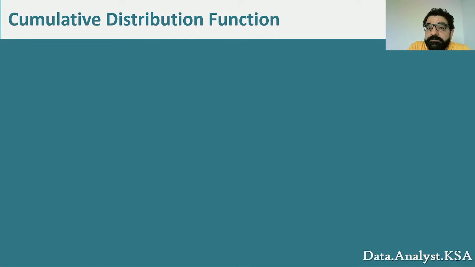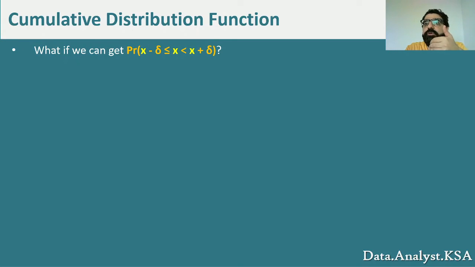So the cumulative distribution function allows us to make some inference about certain values' existence within our population. Let's think about this. If I cannot get the exact number, because I can be talking about 3.645 or 3.643, which is a specific number, what if I take a number a little bit above it and a number a little bit below it and just talk about that specific slice of my distribution and say what is the density represented in that, or what is the probability of getting a number in this specific range.